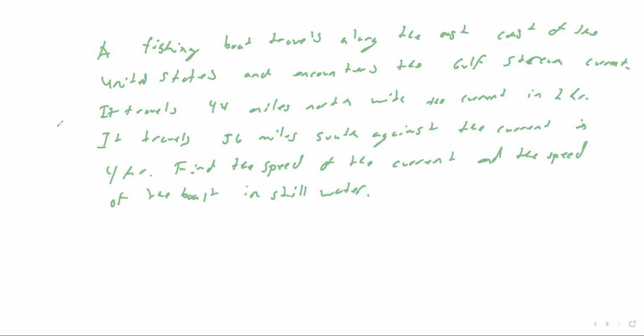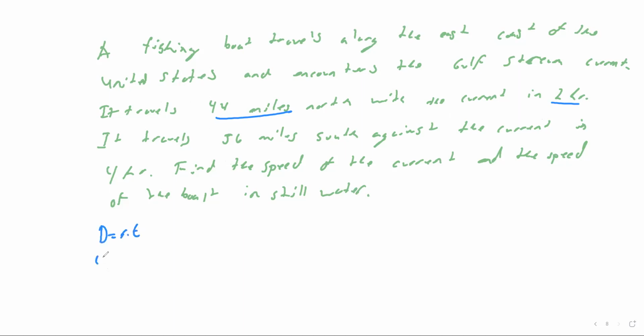All right, so let's see what information we got. So it says a fishing boat travels along the east coast of the United States and encounters the Gulf Stream current. All useless. It travels 44 miles north with the current. I don't think that's going to matter. With the current in 2 hours. So this looks like a distance equals rate times time problem from unit 1.